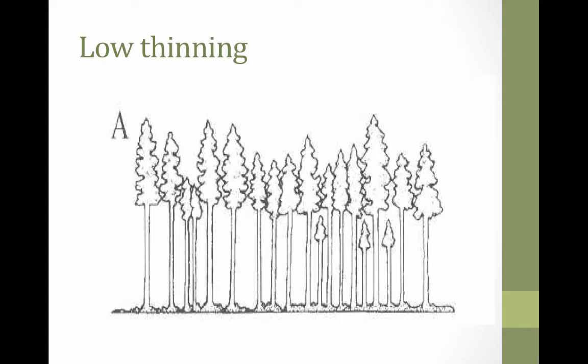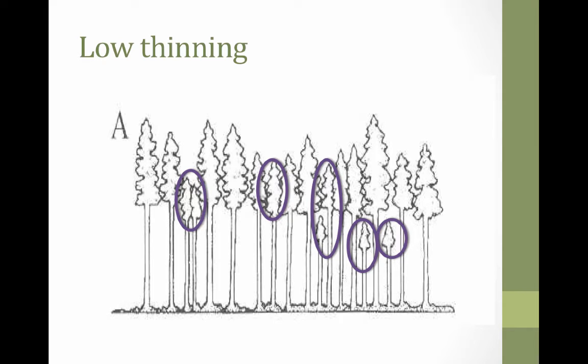Again, in low thinning, we're taking out those suppressed or lower quality trees. Something like this may be what you have been thinking: taking out trees that are suppressed, and hopefully focusing our growing space on these dominant and vigorous trees.